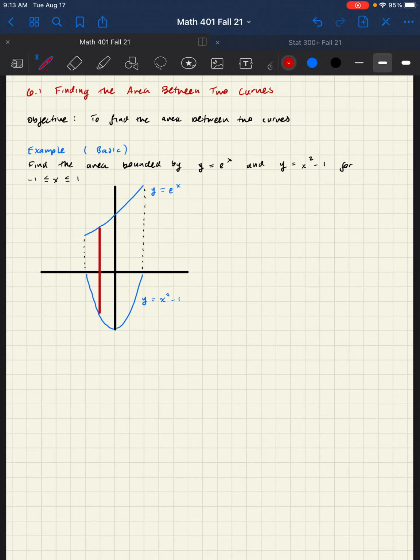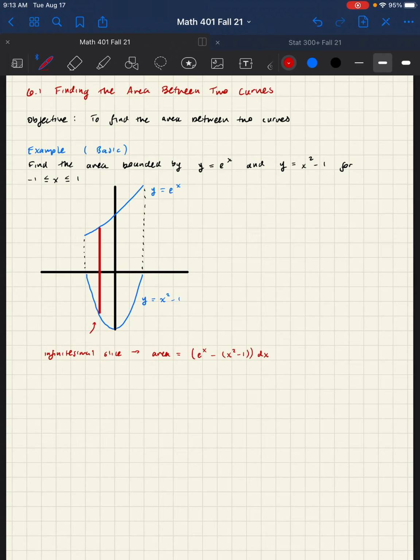And this red line here represents the infinitesimal slice that we're going to be adding up, integrating, really. Okay, so this infinitesimal slice has area e to the x minus x squared minus 1 dx.